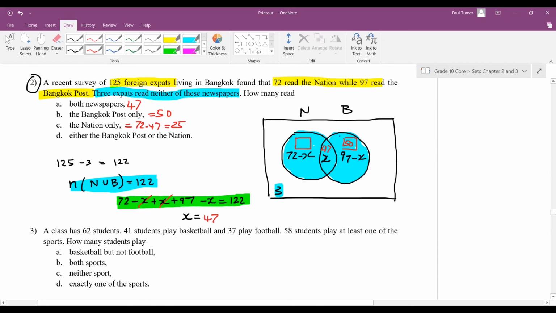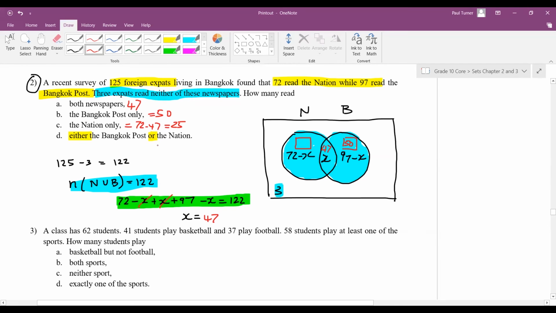Now this one I got 75. Now this one, because it says either, so I want one or the other, but not both in this case. Either that or that. So when you see this pattern here, it's going to want either Nation or Bangkok Post, but not both.